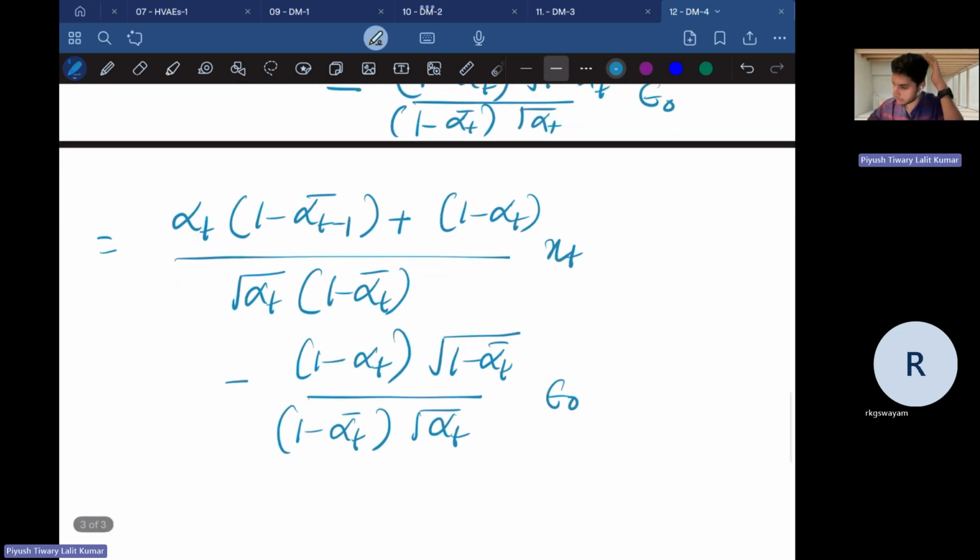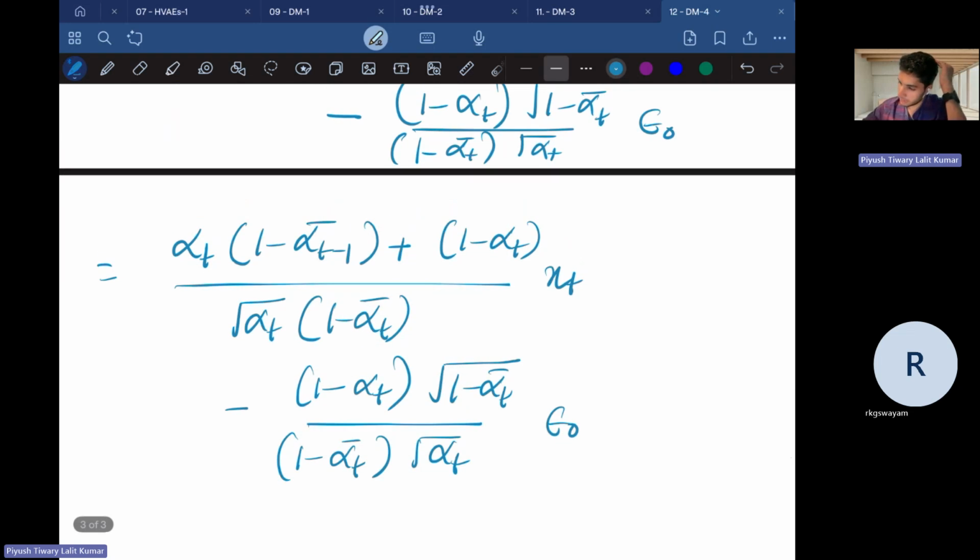Okay. Now, is anything getting cancelled? So, again our old trick, this thing is equal to alpha t minus alpha t into alpha t minus 1 bar. This thing is nothing but alpha t minus alpha t bar, right? So alpha t minus alpha t bar plus 1 minus alpha t.